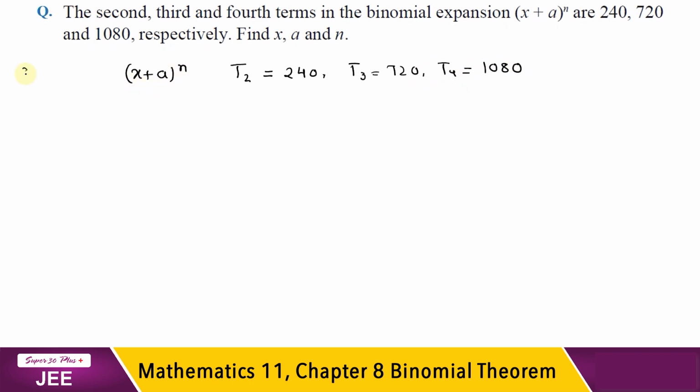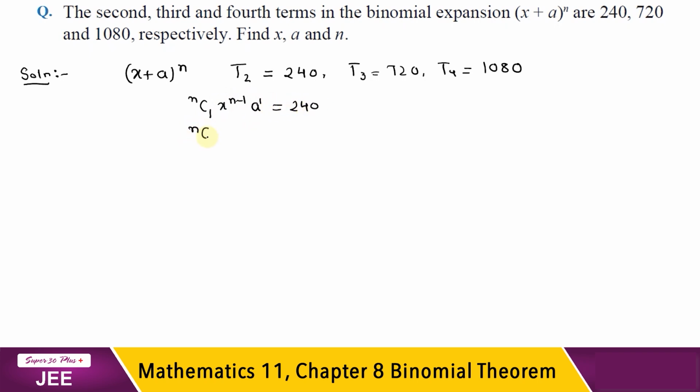Alright, so let's begin with the solution part. First of all, we are going to write down each term in terms of n, x and a. So T2, according to the formula of general term, is nC1 x^(n-1) a^1, and this is 240.